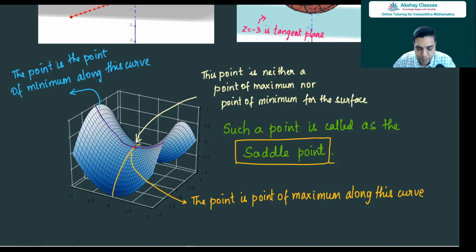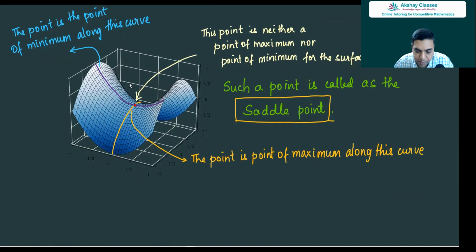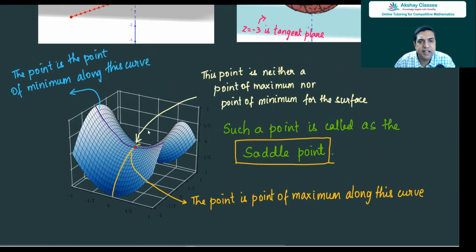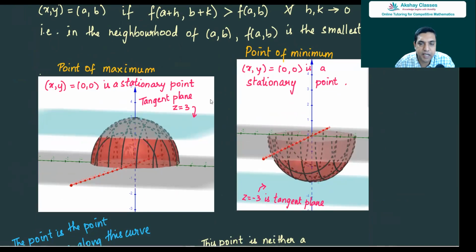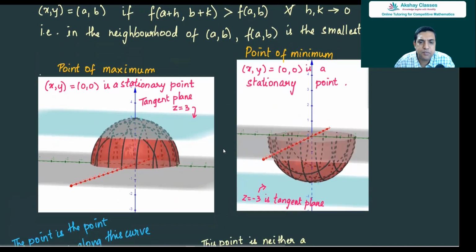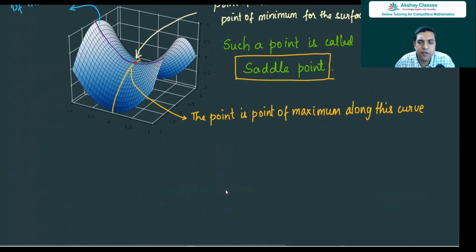So in one direction it will be maximum, and in another direction it will be minimum. This is our geometrical understanding of maximum and minimum. Now, how do we, from a calculus point of view, verify the conditions for maximum and minimum?